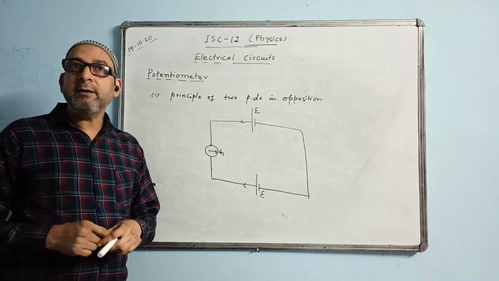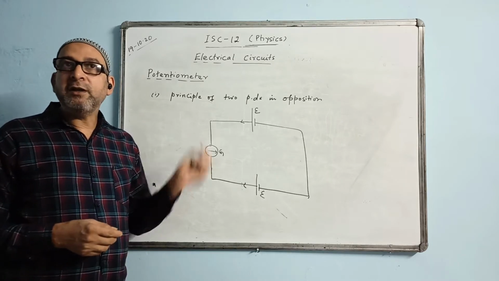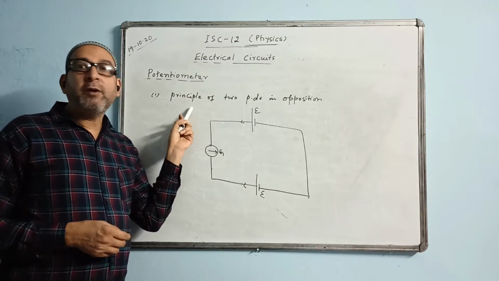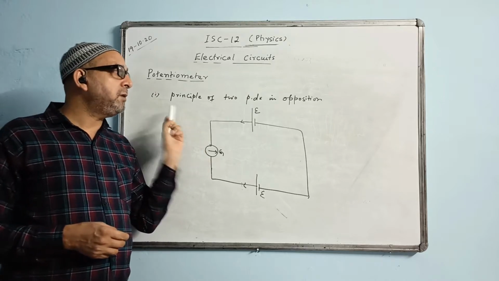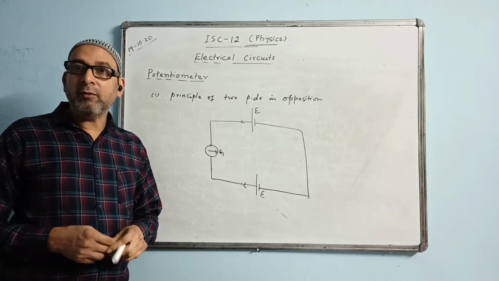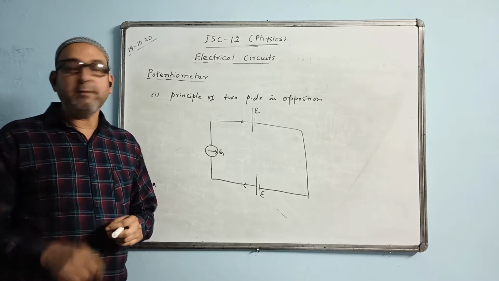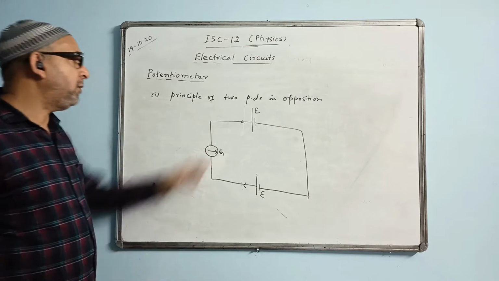And the reason why a potentiometer is preferred to a voltmeter in measuring the EMF of a cell is because it works on the null deflection method, which means it does not draw any current from the cell whose EMF is to be determined. So this is the reason behind. You can understand what I did already.